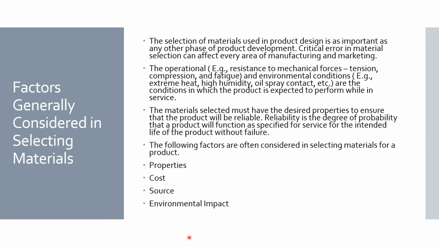So here are the factors. These are all general terms that we always think about in selecting the material for a new product design: properties, cost, source, and environmental impact. So let's get into them one by one.